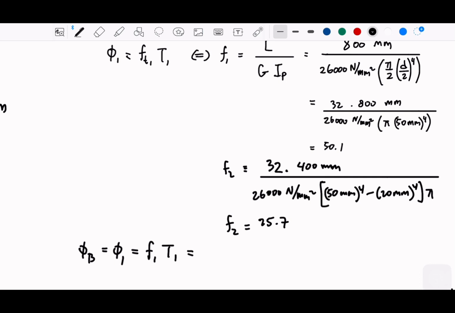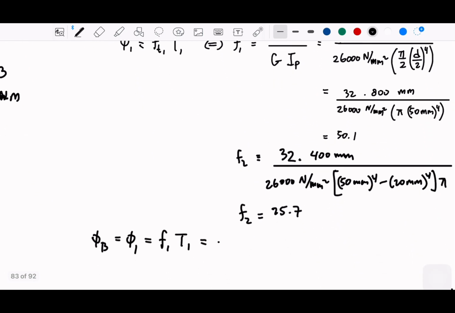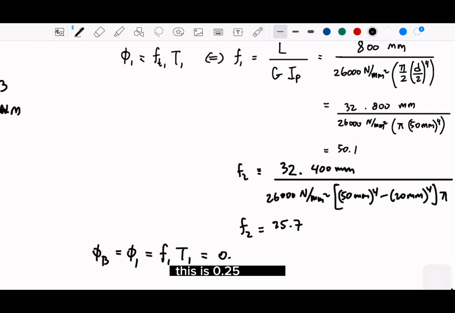So it's around 0.25 radians. This is 0.25 radians.